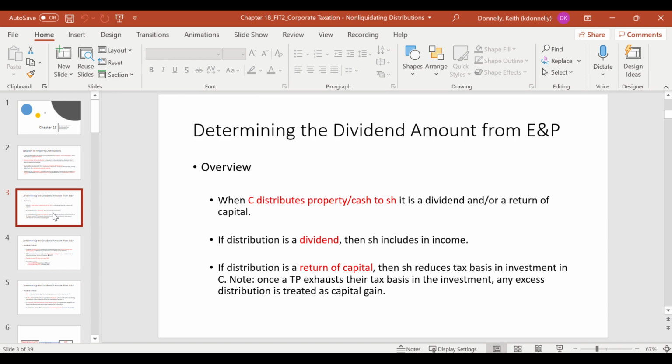You have $1,000 basis in it. Apple decides to push out as a distribution to you $300. Based off the tax rules, let's say this is considered a return of capital to you. Basically, in this case, all you're going to do is reduce your basis in the Apple stock by $300.